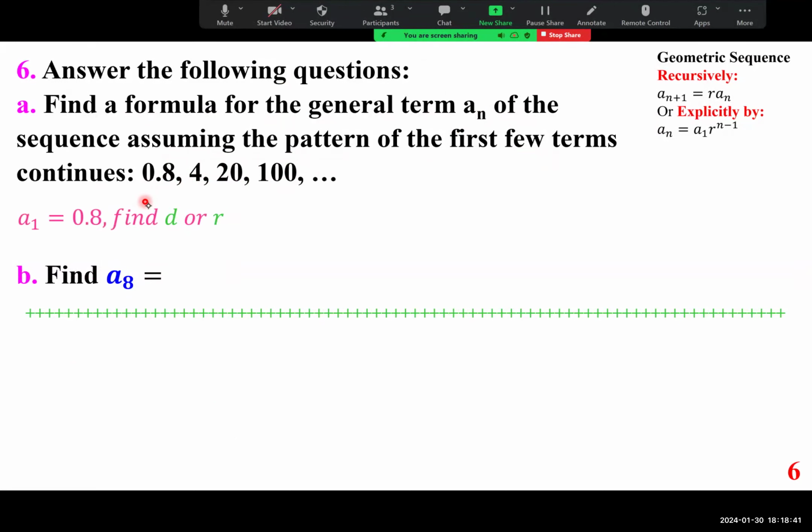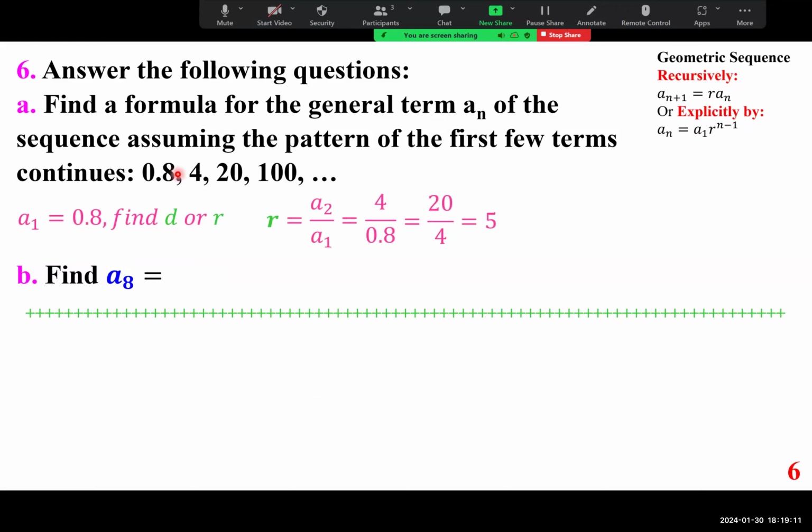And so the first term is 0.8. We want to find d or r. When we do the division, it works out, and therefore it's a geometric sequence. And again, I want to emphasize, we find either d or r. This one, the ratio tells us it's an r. So we're going to stick with this formula. A sub n equals A sub 1 r to the power of n minus 1.